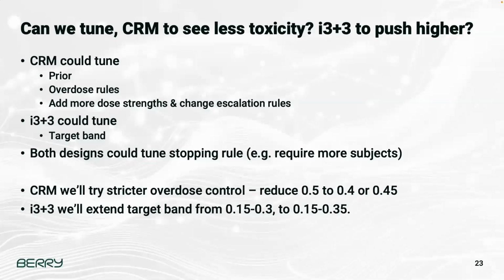Maybe the plan is to take whatever dose is selected plus the dose below into stage 2. So we could expand the I3+3 toxicity band. We raise the upper bound and hope that it would move some of the times when it's picked an underdose. It would pick the dose in the target band instead.